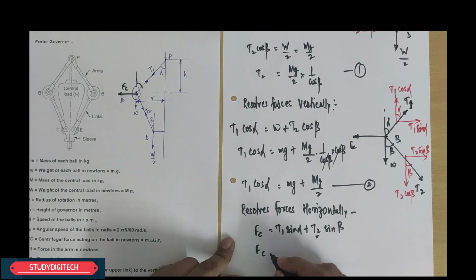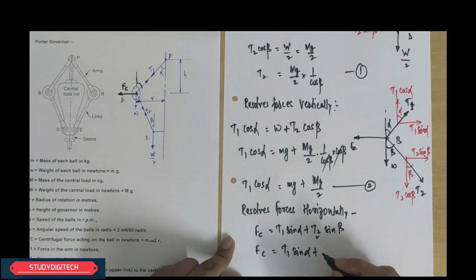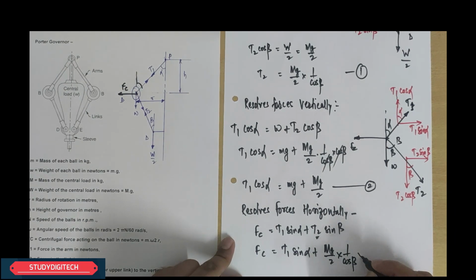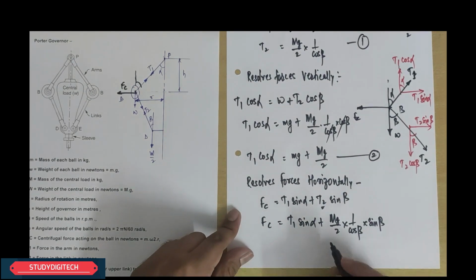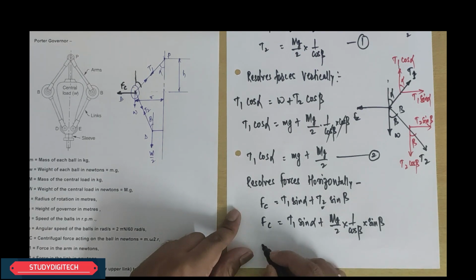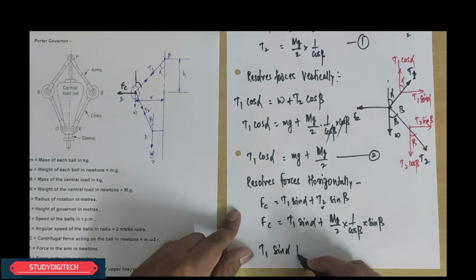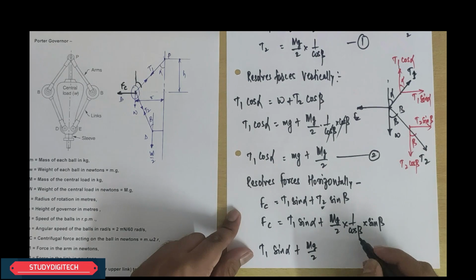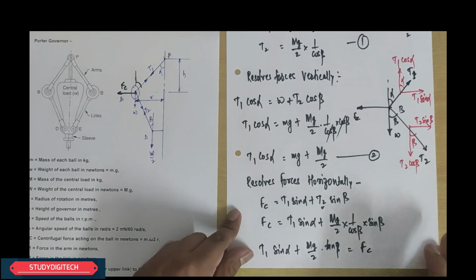So we have Fc, which is equal to T1 sin alpha plus T2. So T2 is capital Mg by 2 into 1 upon cos beta into sin beta. So sin beta divided by cos beta will become tan beta. So we have T1 sin alpha plus Mg by 2 tan beta, which is equal to Fc.